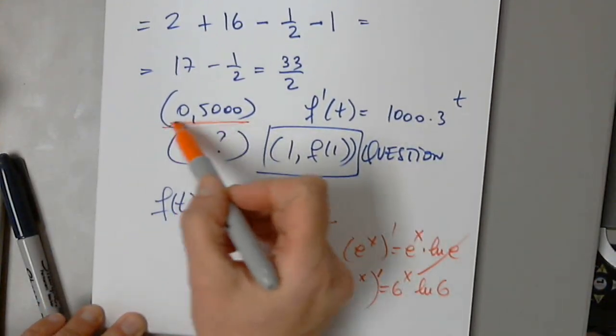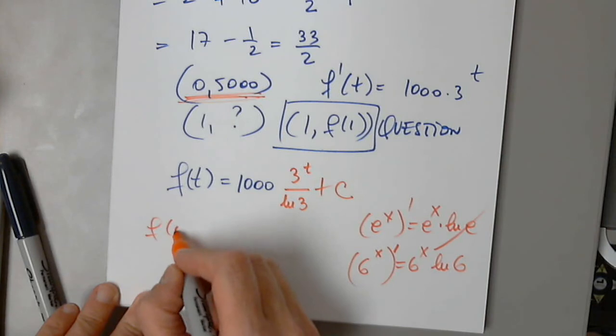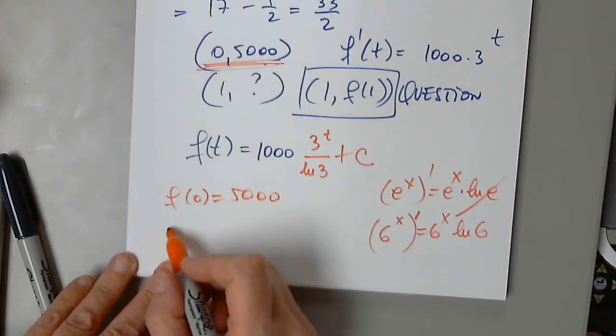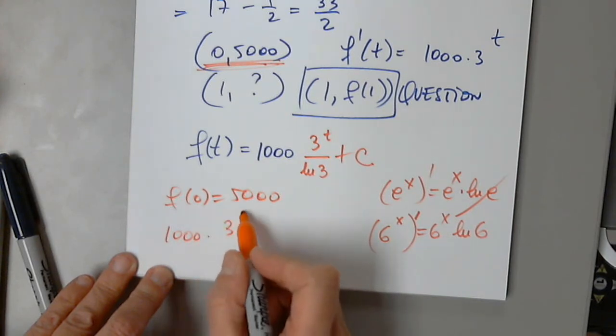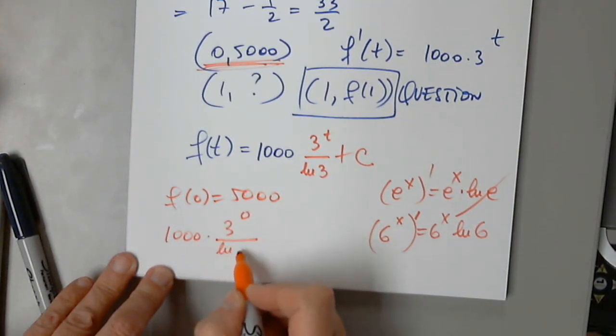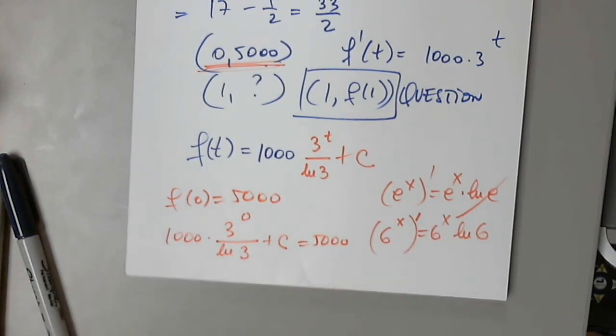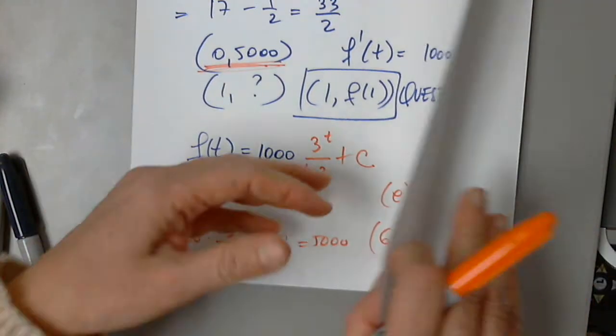I have to plug in the constant that says that f of 0 equals 5,000. So I have 1,000 times 3 to 0 over natural log 3 plus c equals 5,000. And this is how I determine the constant. Okay. How much is 3 to 0? 1. So then c will be 5,000 minus 1,000 over natural log 3.